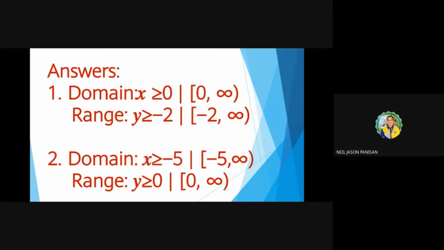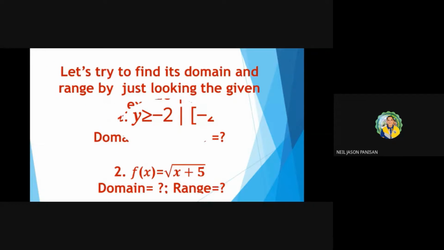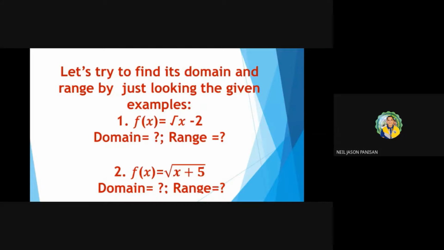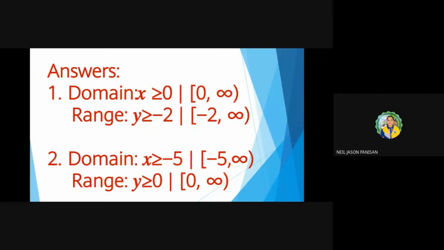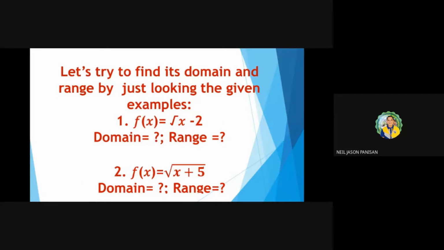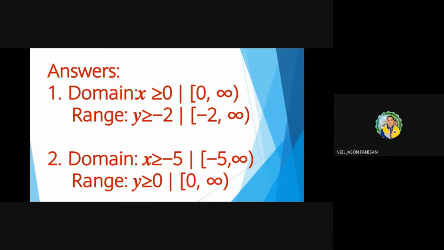So in number one, the domain of that function f of x is equal to the square root of x minus 2 is from 0 to positive infinity. Meaning, if we plug 0 into this equation, f of x is equal to the square root of x minus 2, the result is 0.